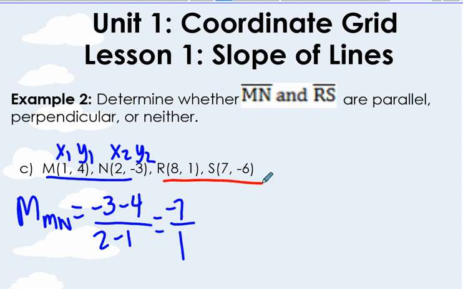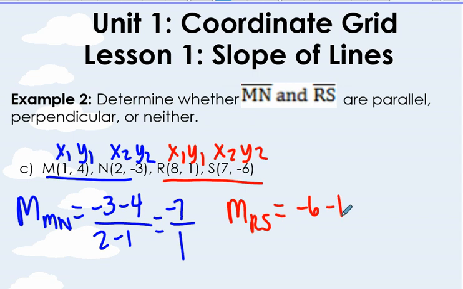And then our second one here, x1, y1, x2, y2. So the slope of R S equals negative 6 minus 1 over 7 minus 8, which gives me negative 7 over negative 1, or positive 7 over 1.